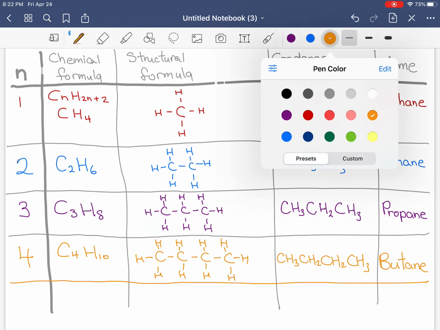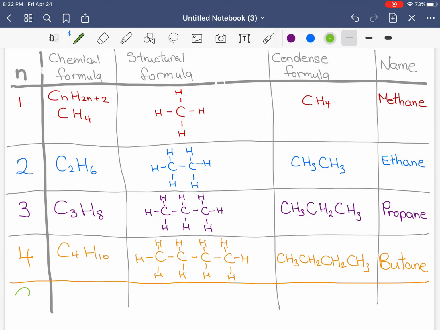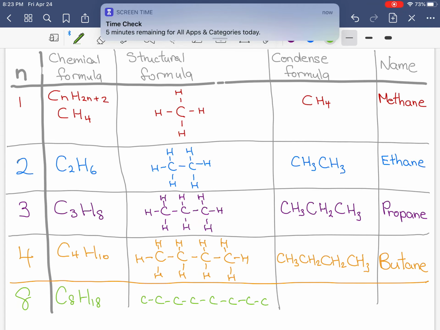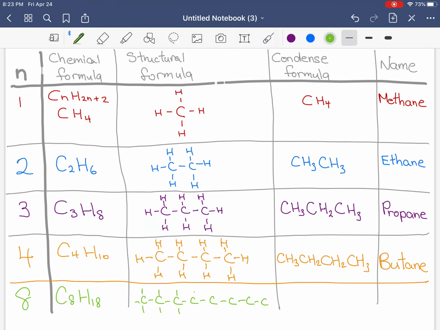Let's do this one. Let's do 8. C8H18. Okay, so we have 1, 2, 3, 4, 5, 6, 7, 8. Now, you'll notice in some textbooks, where they do this, they don't put in the H's.